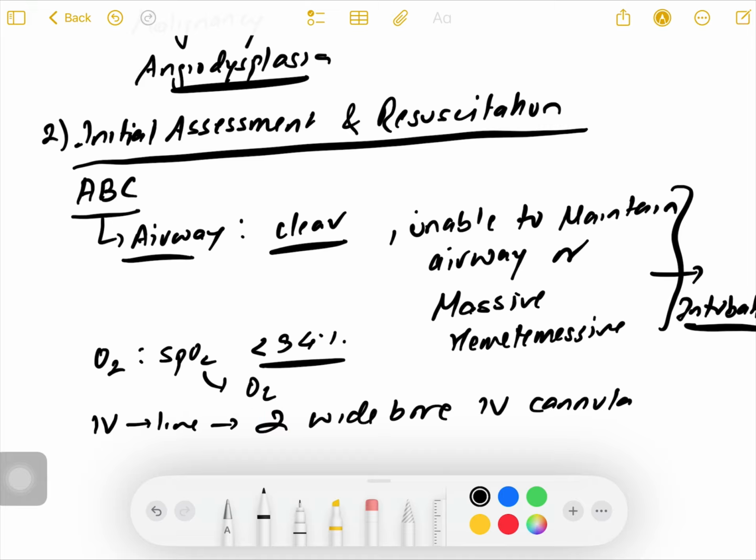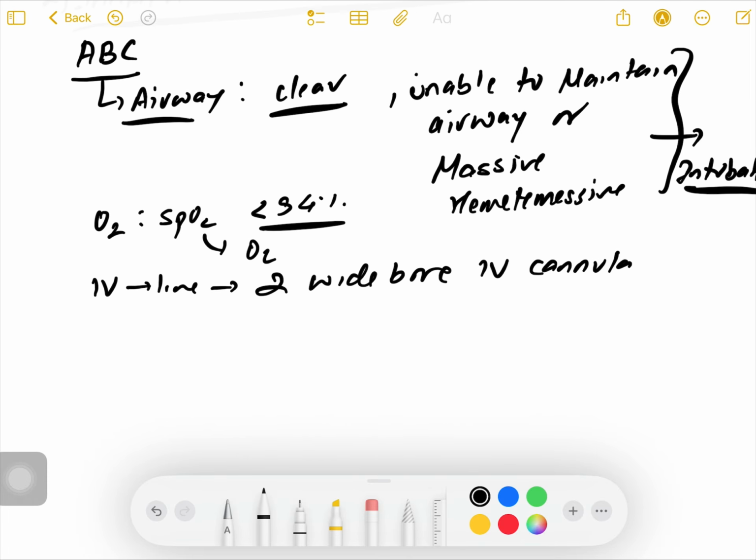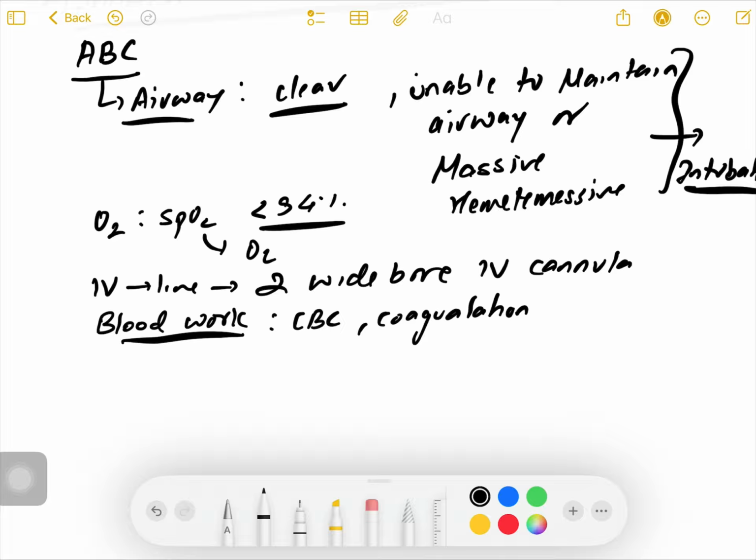After that we have to send blood work, like CBC and coagulation profile, like PT, INR, BTCT, and if available APTT can be sent in this patient.